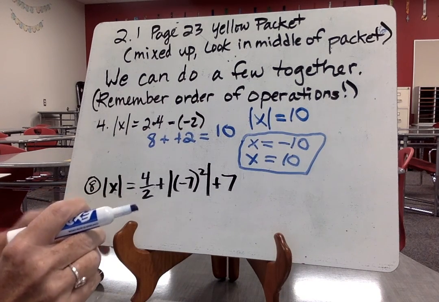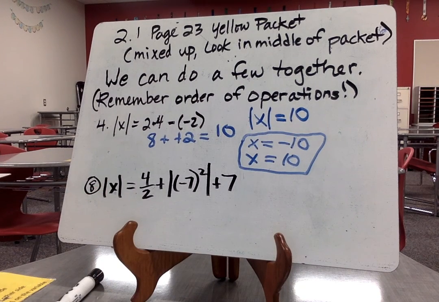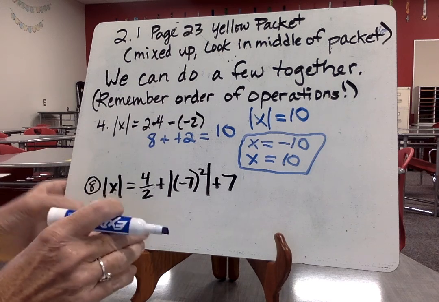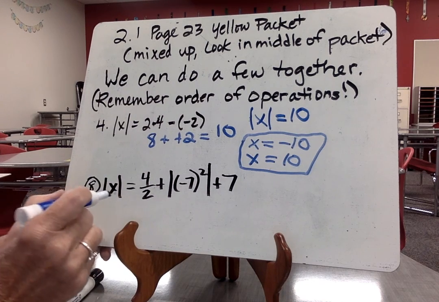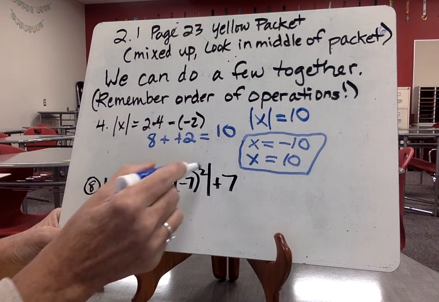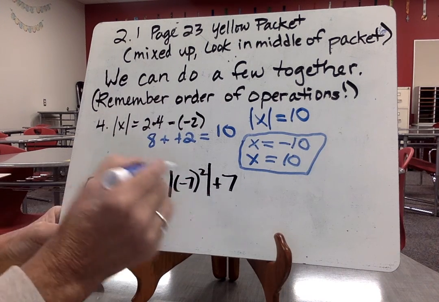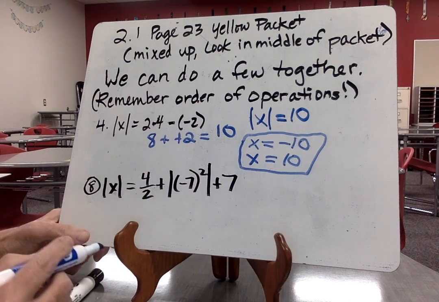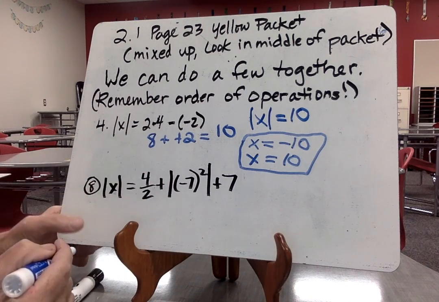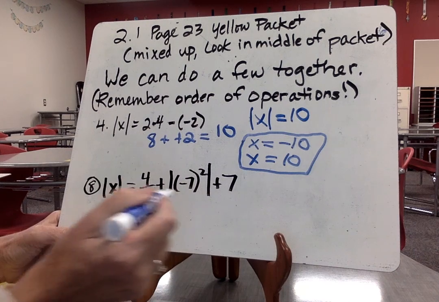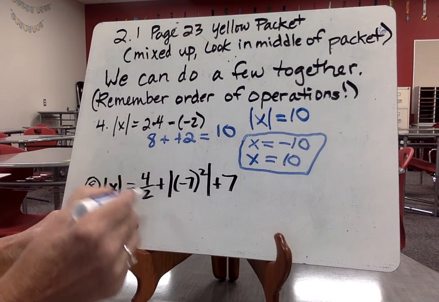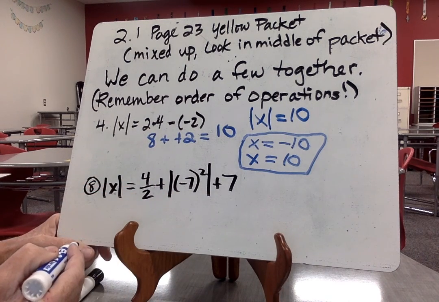Okay? Now we're going to jump to a harder problem. I believe this is on the back side, where we have the absolute value of x equals 4 over 2 plus absolute value of negative 7 squared plus 7. So the only thing we want to do is make sure after we do all this that it comes out positive. Because if we do all the operations and your answer is negative, there's no solution.